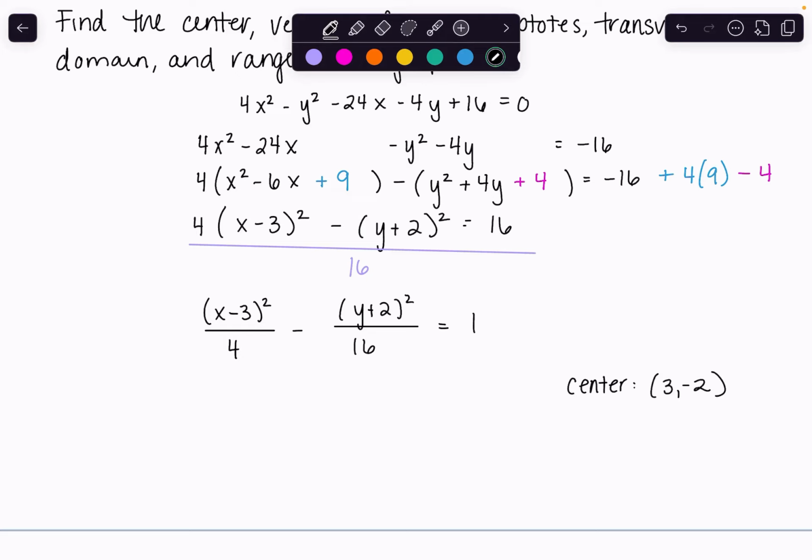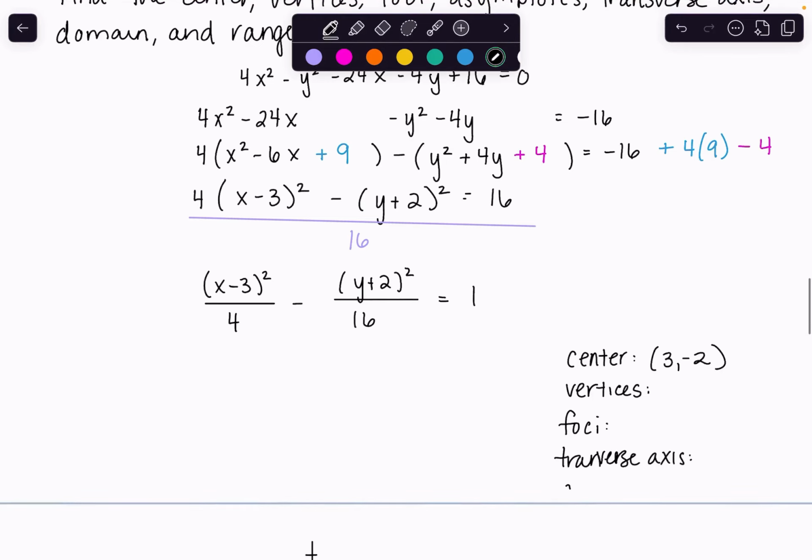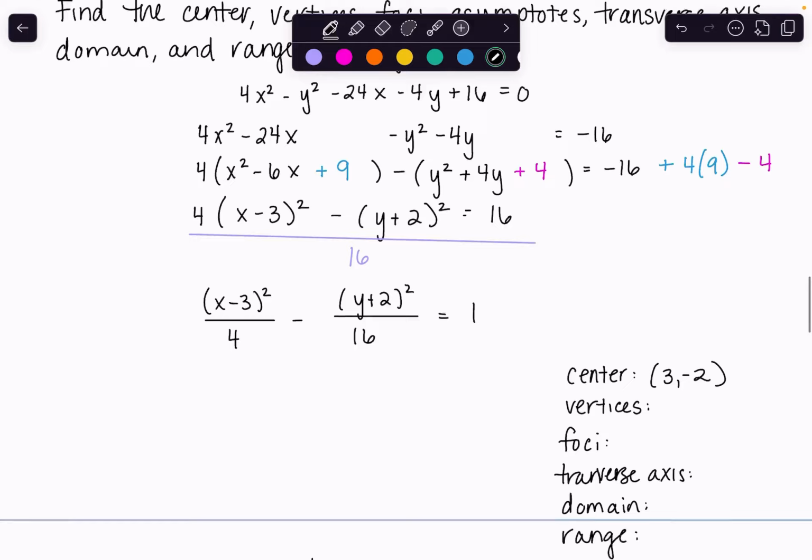And then I'm going to need to figure out my vertices, my foci, my transverse axis, my domain, and my range. And I think that's everything I needed to find, correct.